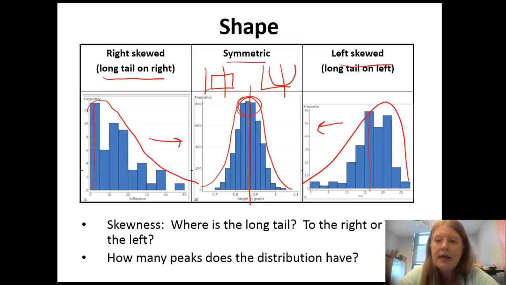Here we have a peak. Here maybe we almost have another peak, but we really have just one major peak. Sometimes you might have several peaks. You might have something we would call bimodal, where you have a peak here and another peak over here. So clearly that would be a distribution that has multiple peaks.